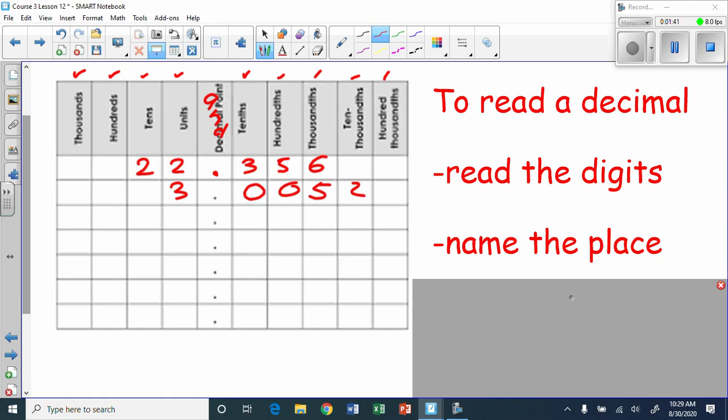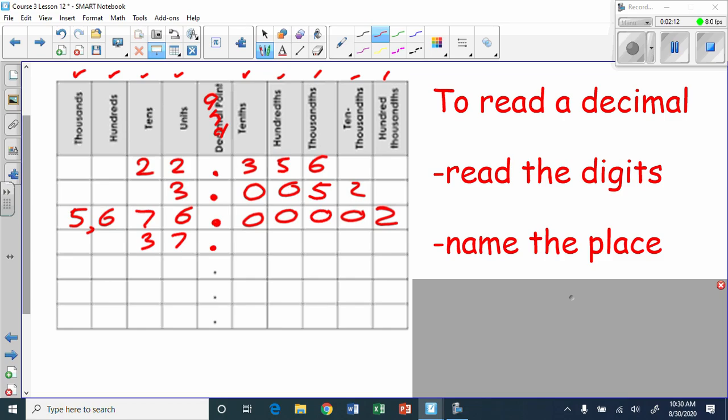Three and 52 ten-thousandths. 5,676 and 200 thousandths. So as we keep going, we can keep playing that game.